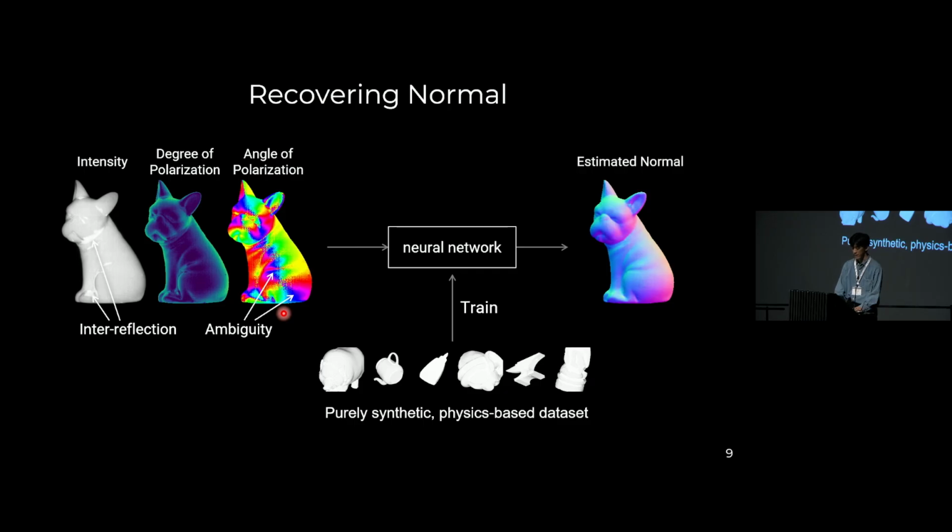Furthermore, complex phenomena like interreflection do not follow our model. To robustly handle this effect, we employ a neural network. The network is trained on a purely synthetic dataset, which is generated using a physics-based polarization renderer. This approach provides robustness while remaining faithful to the physical model.